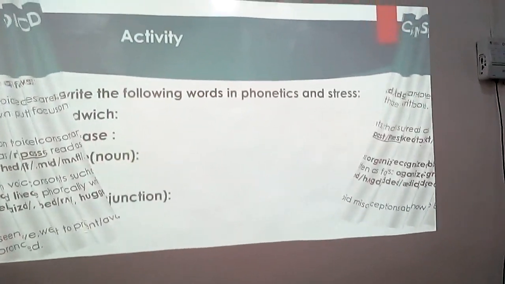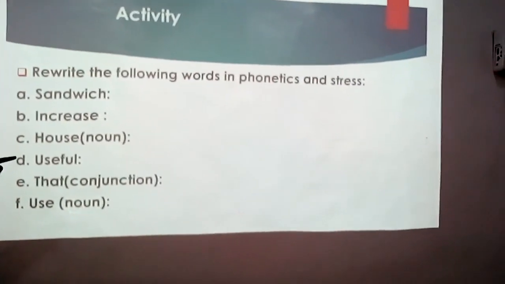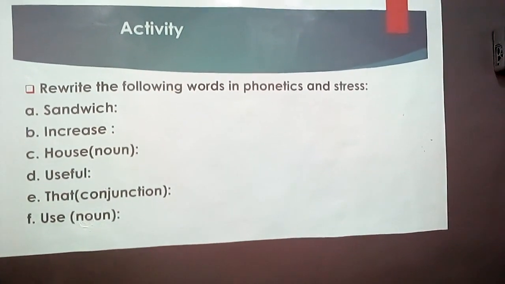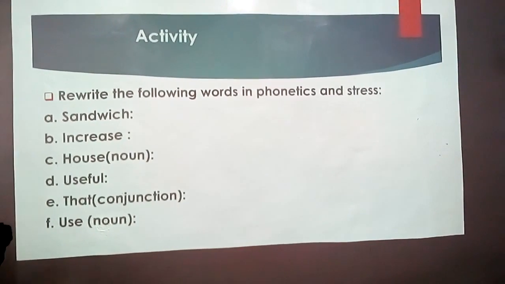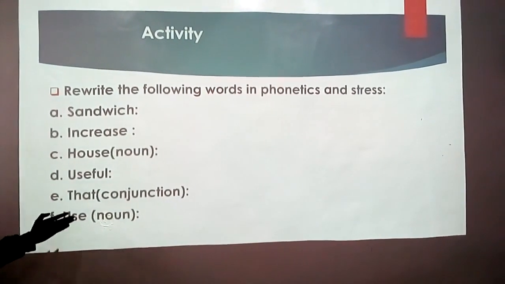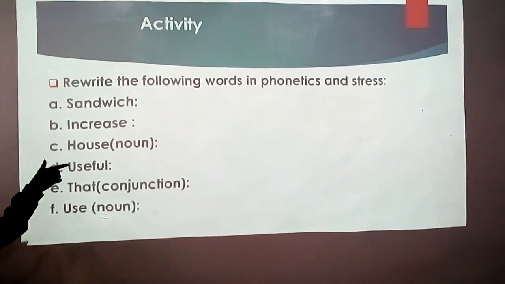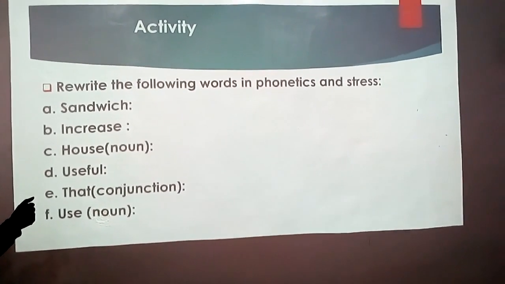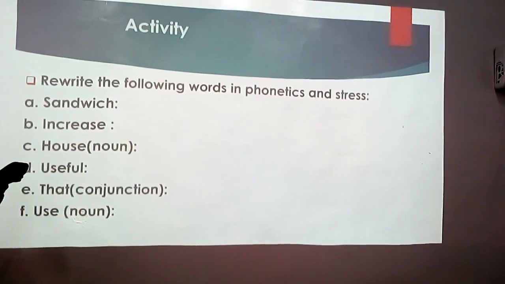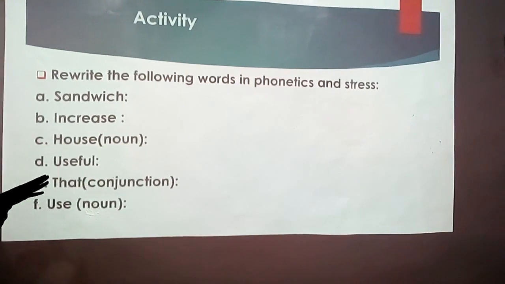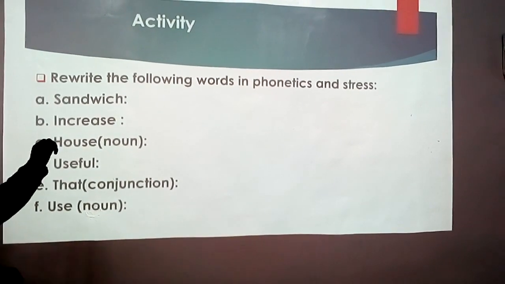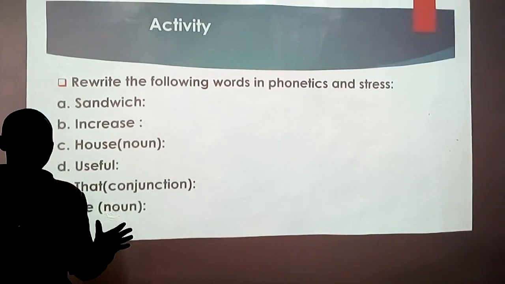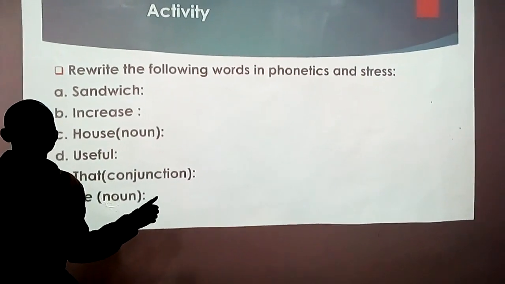Now, rewrite the following words in phonetics and stress. You have this as a yardstick by which to see whether you have understood. Manage to write these words using phonetics, as you have already seen. And correct yourself after checking them from the dictionary.